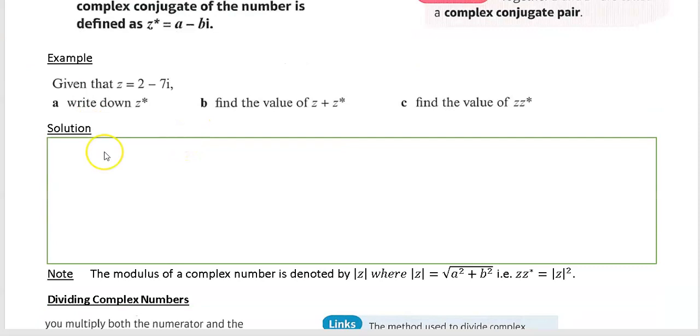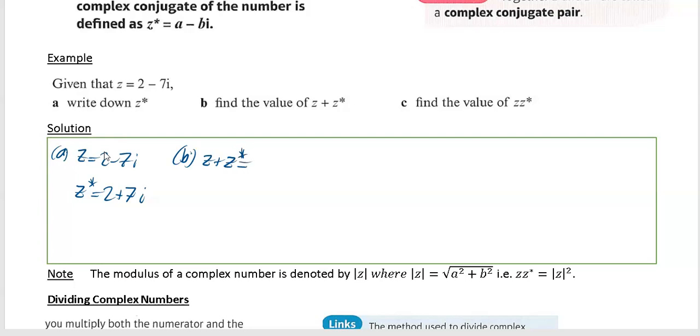Okay, we're going to use these in this first example and see what happens. First thing we've got is our z is equal to 2 minus 7i, and part A says write down the complex conjugate. So the complex conjugate is just z star, 2 plus 7i. Part B says find the value of z plus its complex conjugate.